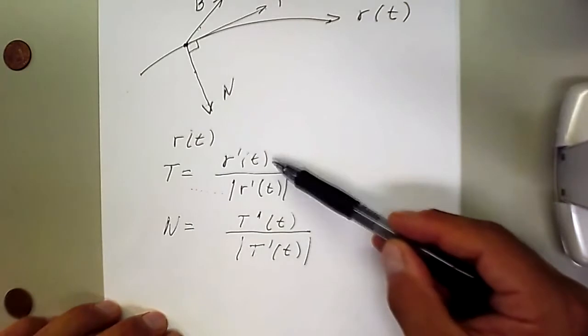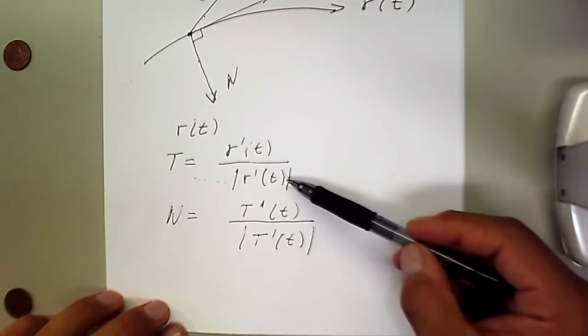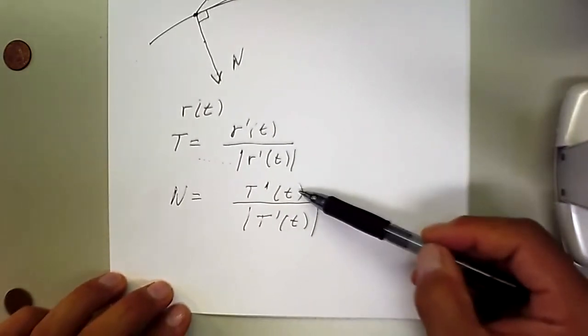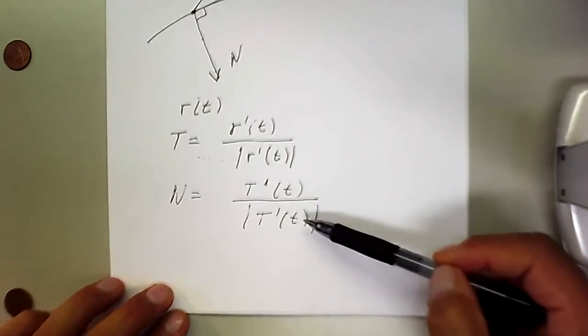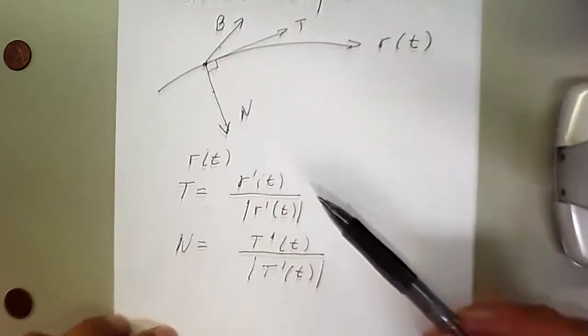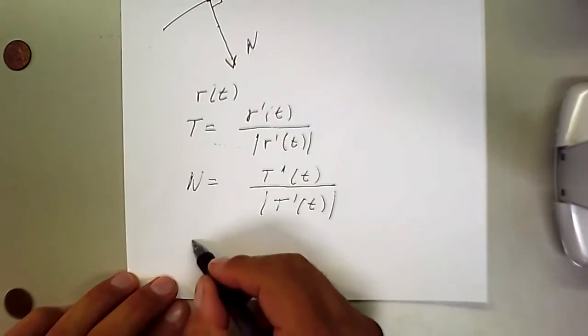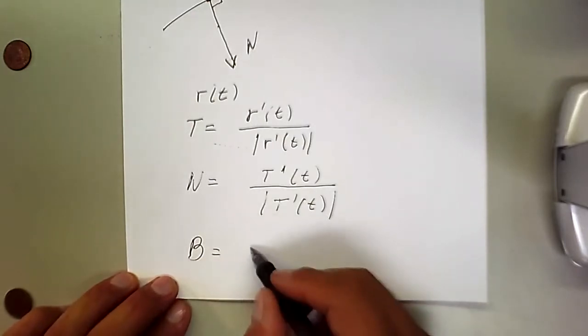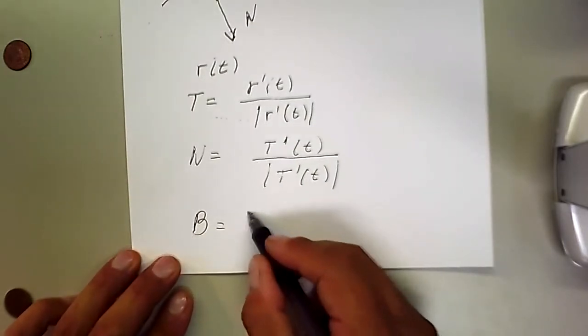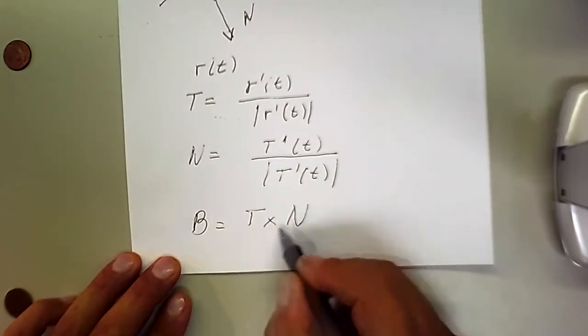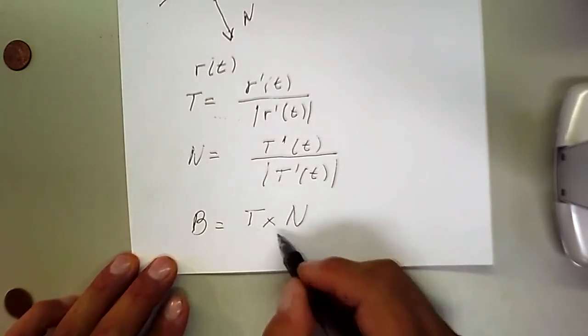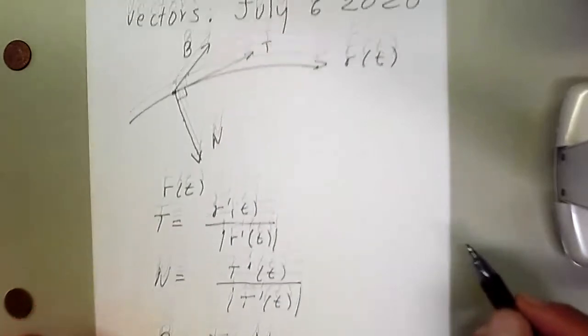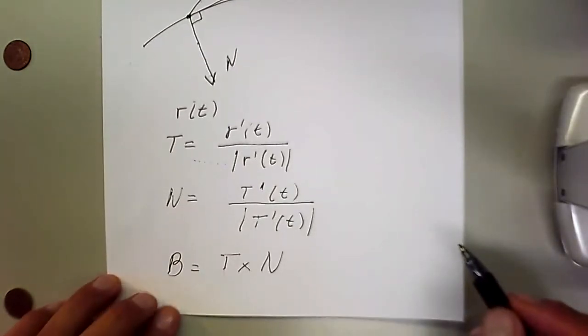So derivative, make it unit, derivative again, make it unit, and that gives us those two. And then we have the binormal vector, which is the cross product, T crossed N in that order, not N cross T, T crossed N. Very, very important.